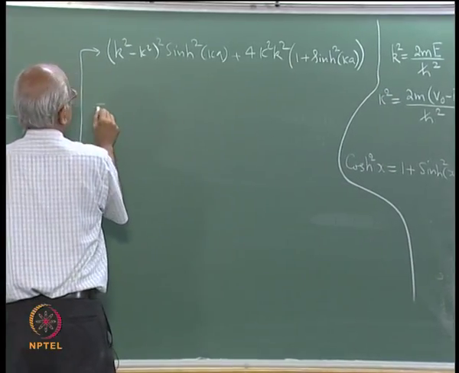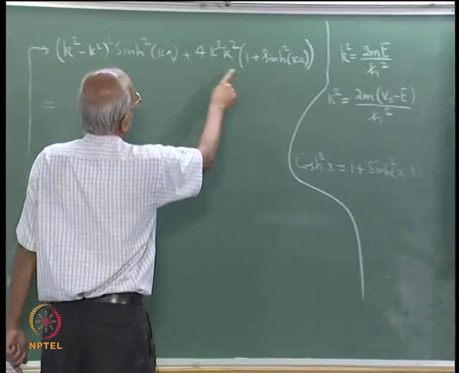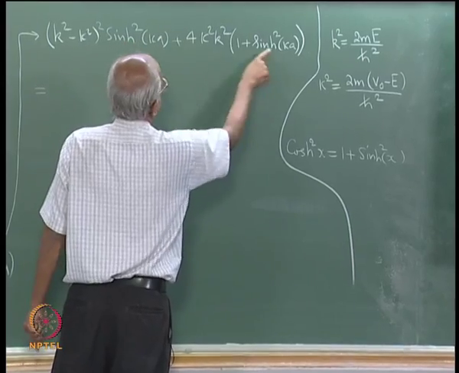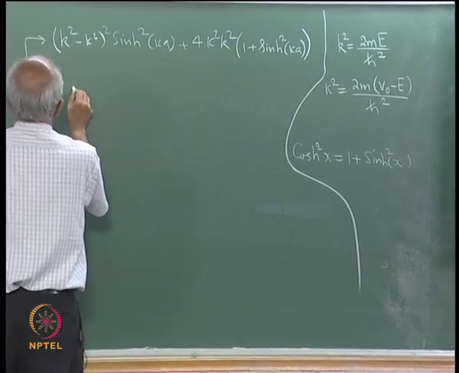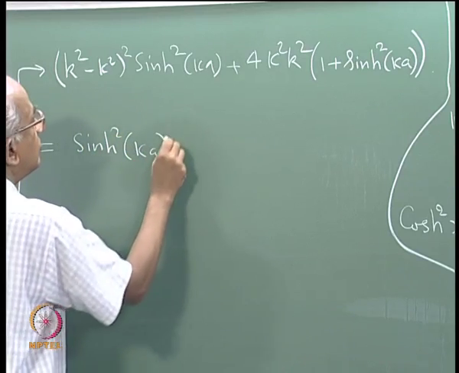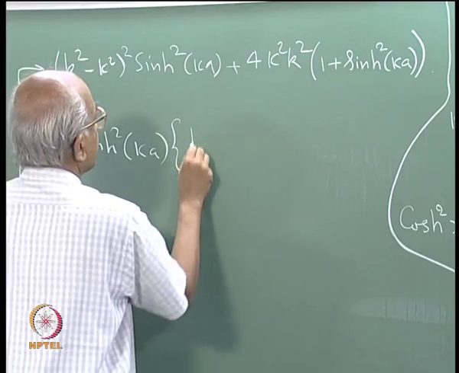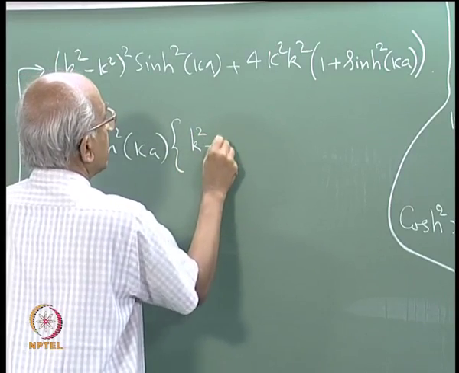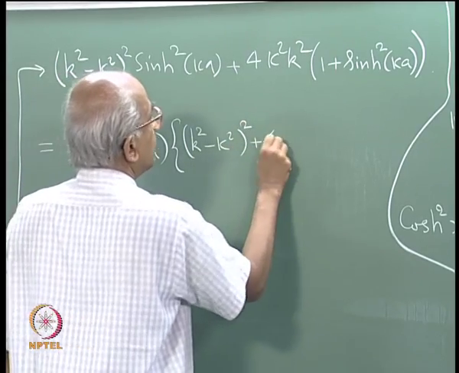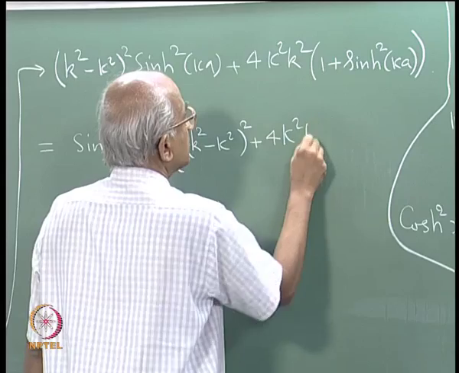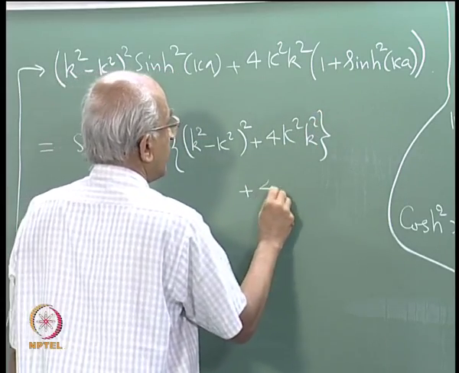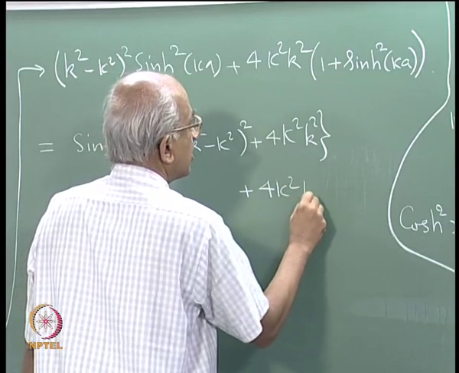And that actually is equal to, you can see that there are terms common in, right, there are terms that contain sinh square. So, I will write this as sinh square kappa a into k square minus kappa square the whole square plus 4 kappa square k square.